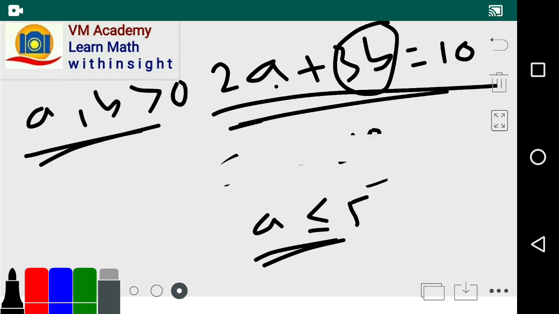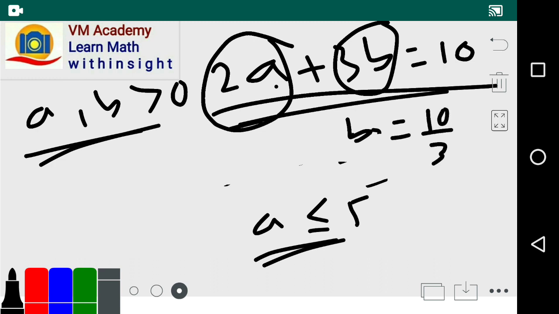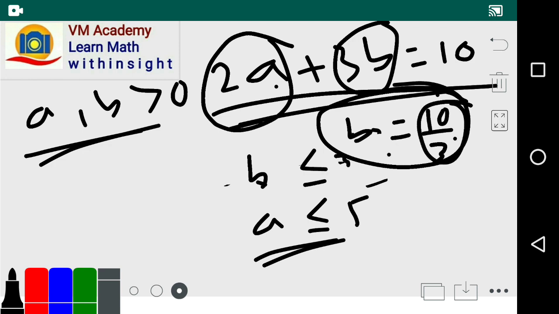And if we eliminate this term by substituting a as 0, then b becomes 10 by 3, that is the value of b. If we would like to calculate b as the integer, then it is less than 10 by 3, just integer less than or equal to 3.